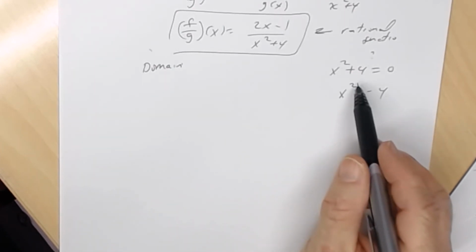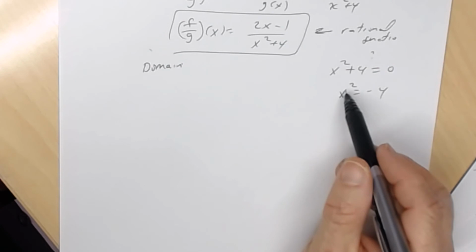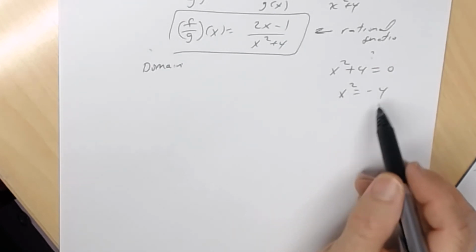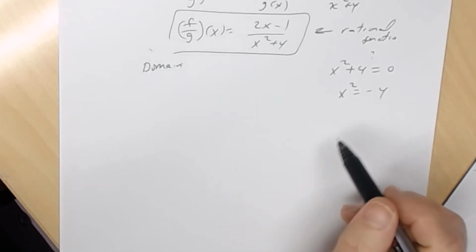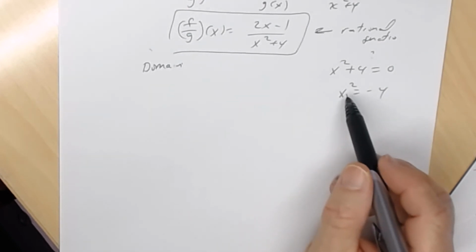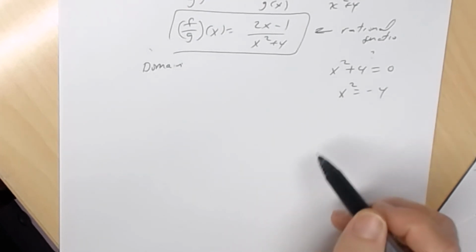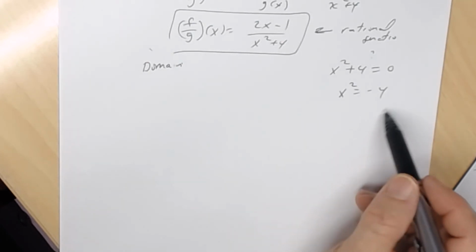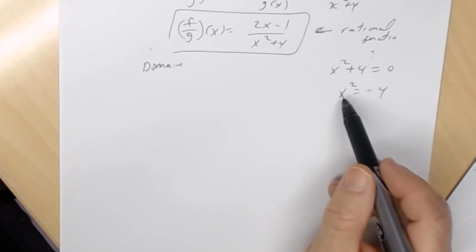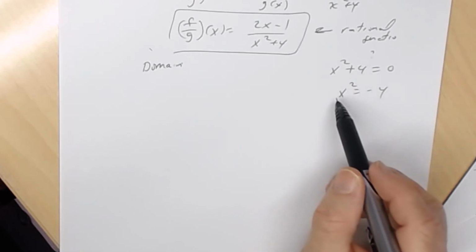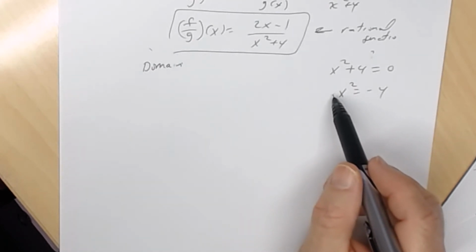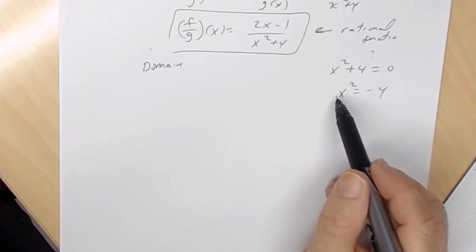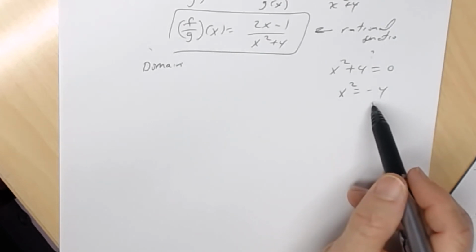Is there any real number multiplied by itself that will be -4? You may say, well, what about 2? Well, 2 times 2 is +4, right? So that doesn't work. Then you may say, well, what about -2? Well, -2 times -2 is also +4. In fact, if you square any real number, it will always be positive, won't it?